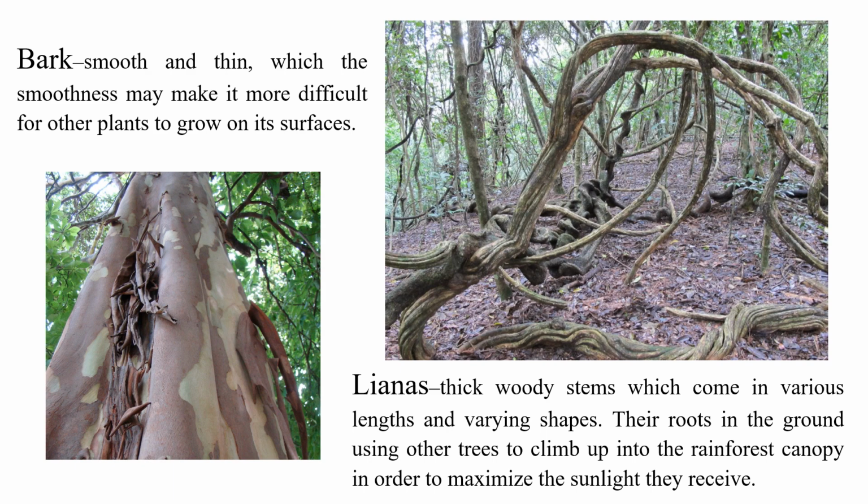So basically, most pokok dia ada bark yang thick. Okay, it is for the sake of preventing ataupun reducing the water loss via evaporation. But since moisture is very abundant in the rainforest, so usually pokok yang ada di dalam hutan itu adalah pokok yang bark dia smooth and thin.